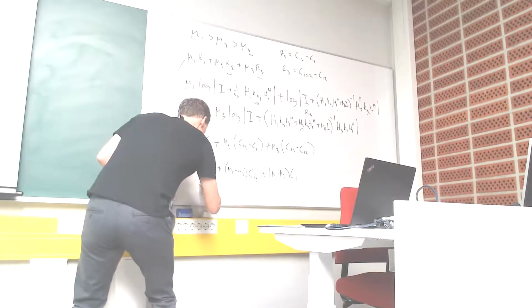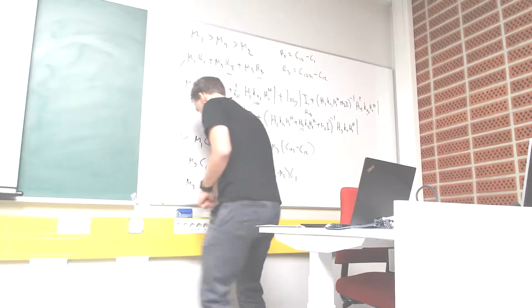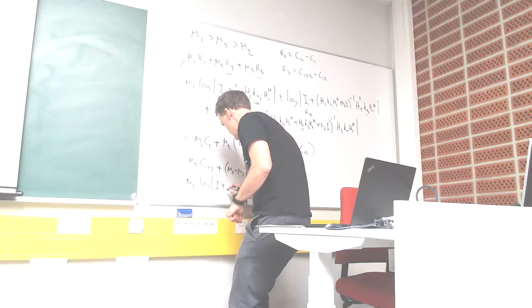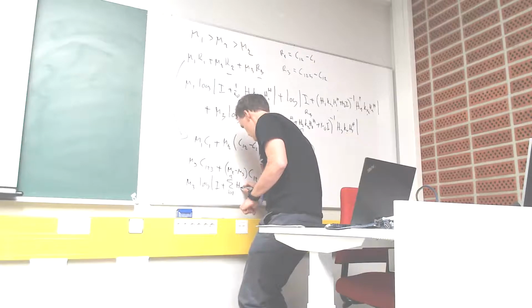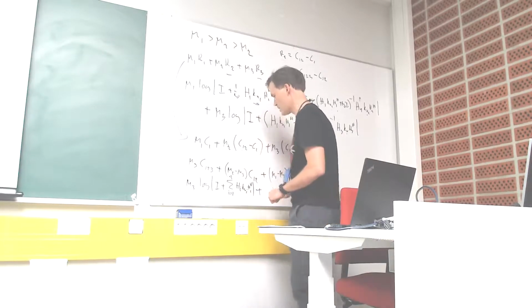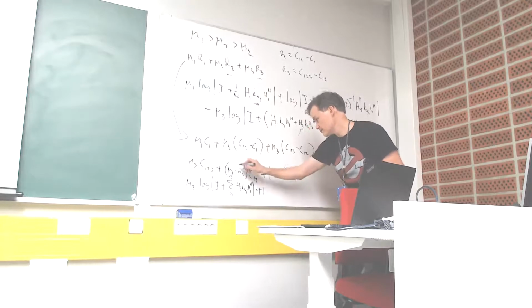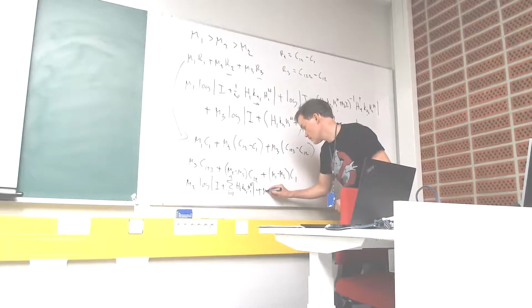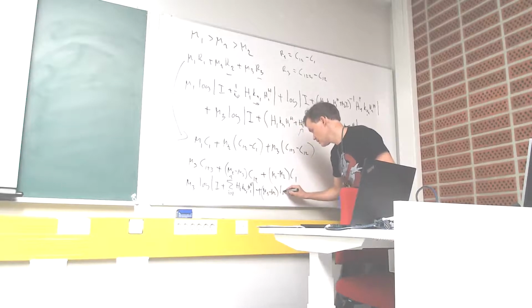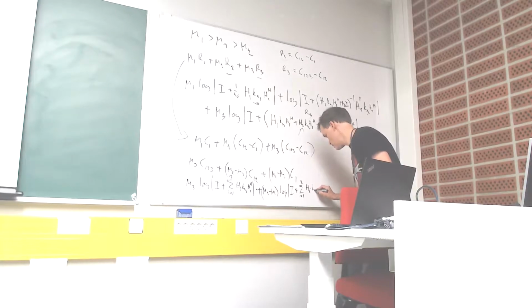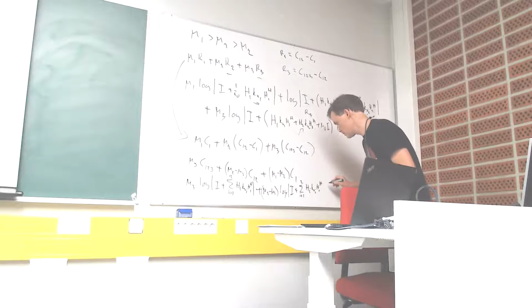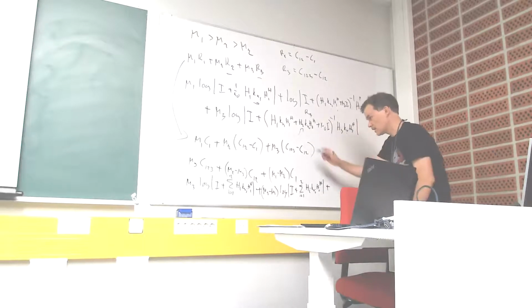C123 is simply mu3 times log det of I plus the sum from i equals 1 to 3, plus (mu2 minus mu3) times log det of I plus the sum from 1 to 2. And finally, the single-user capacity of user 1.